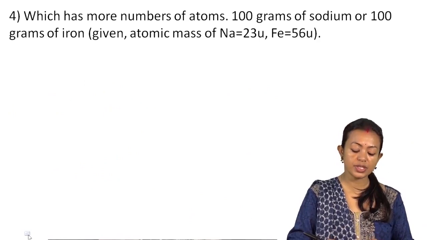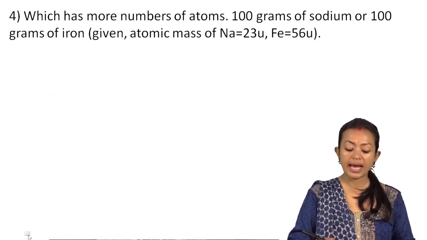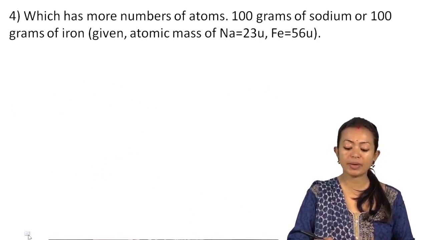Now the next question is, which has more number of atoms, 100 gram of sodium or 100 grams of iron? And here what is given is that the atomic mass of sodium is 23 unit, whereas iron is 56.